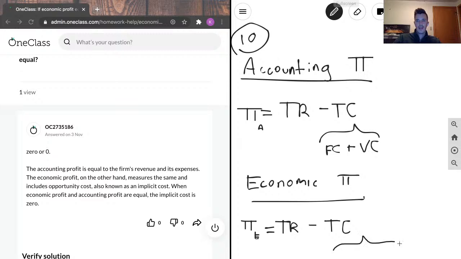But with economics, our total cost is going to be made up of our fixed cost, as I just described, plus our variable cost, plus our opportunity cost.